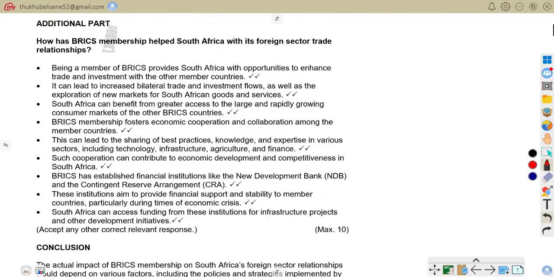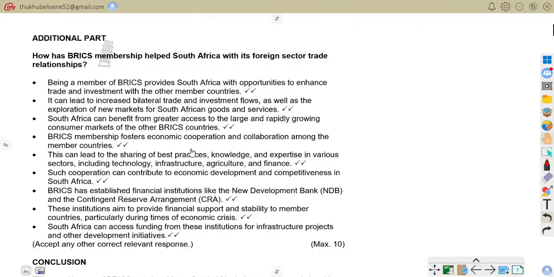So now let us come to the additional part. How has BRICS membership helped South Africa with its foreign sector trade relationships?